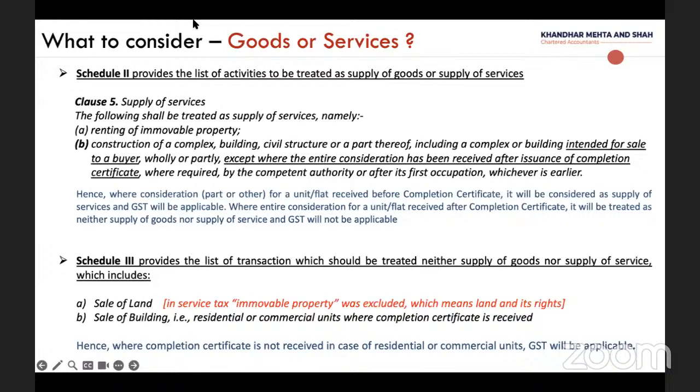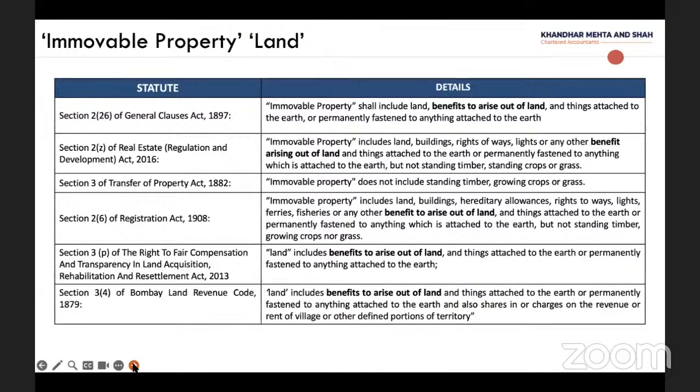It is a no supply actually. Of course, it is an exempt supply for the purpose of reversal of ITC, which has been specifically given in section 17, but only for that limited purpose; otherwise it is no supply. GST law cannot be made applicable to this type of transaction. Hence, where the completion certificate is not received in case of residential or commercial units, and if any advances are received, the entire transaction will be covered under GST.